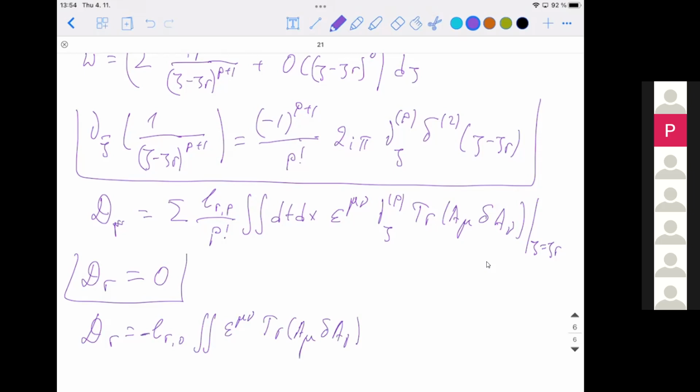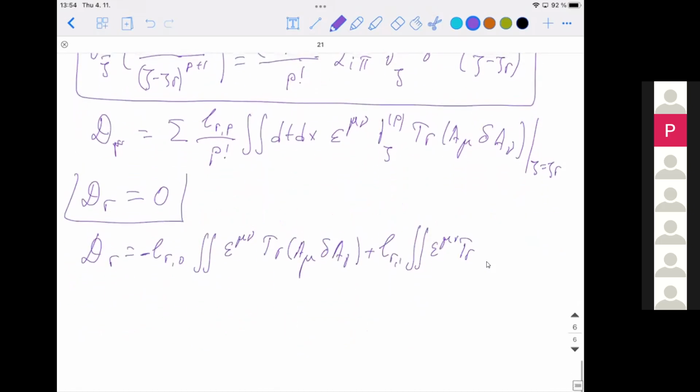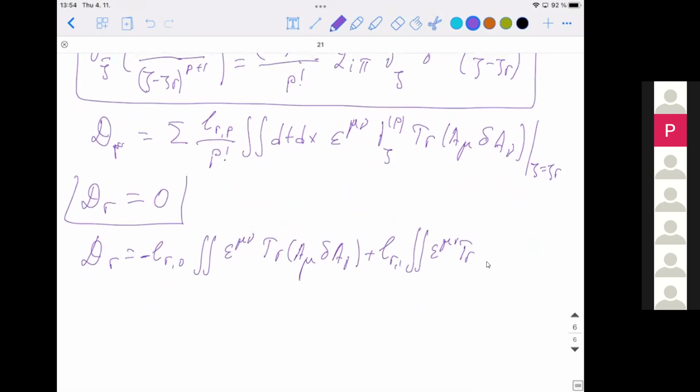And then the next order is plus mu trace. Now we need to take the derivative delta z A mu delta A mu plus A mu delta z delta A mu at zeta r.